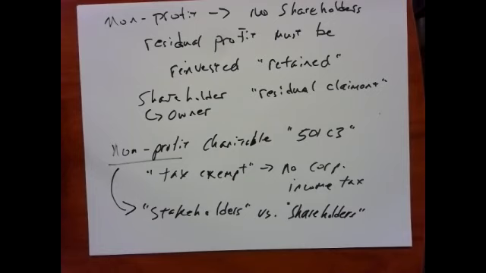So it's a difference in ownership. The non-distribution constraint prevents management or the board from paying out any of the profits, and they must be reinvested back into the organization.